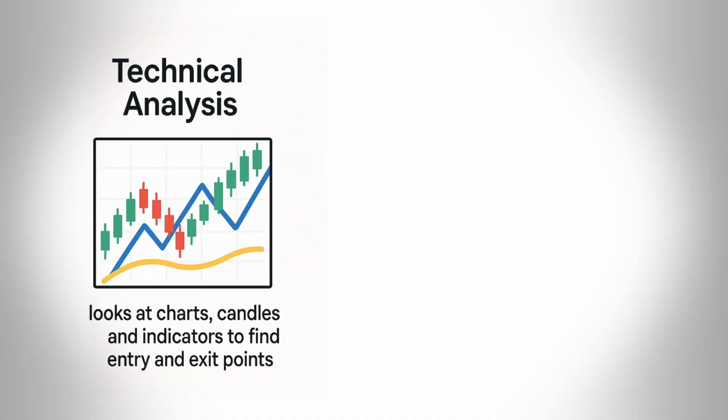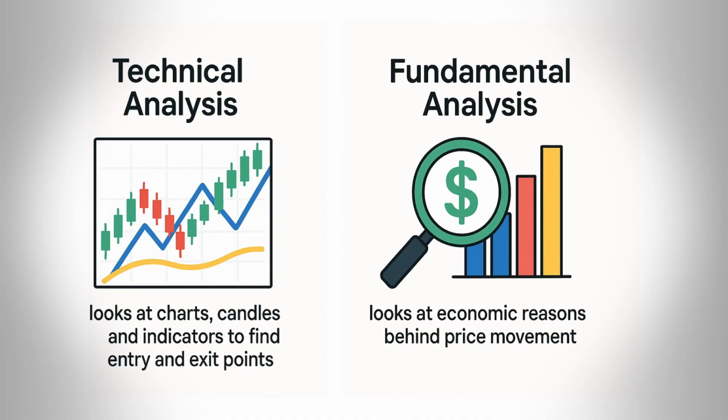Now you should know that there are two main ways traders analyze the market: technical analysis and fundamental analysis. Technical analysis looks at charts, candles, and indicators to find entry and exit points, while fundamental analysis looks at economic reasons behind price movement. Here's a simple analogy.